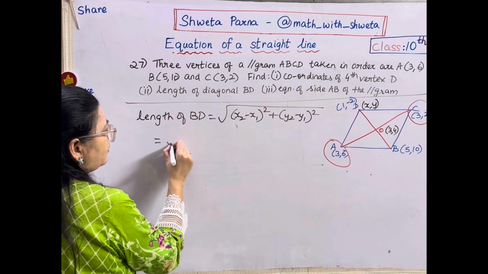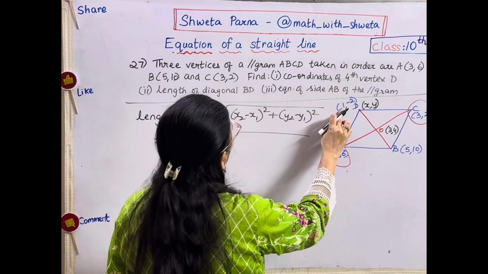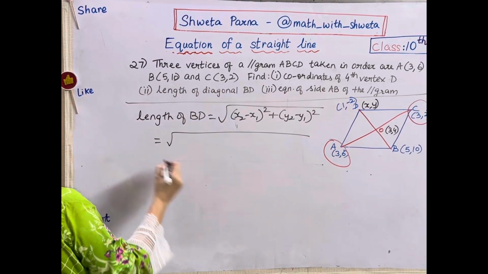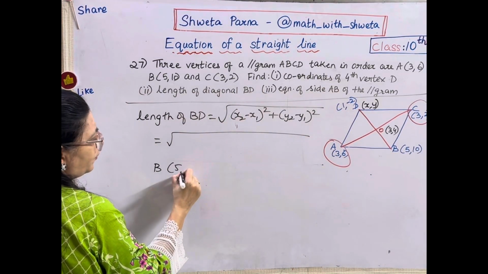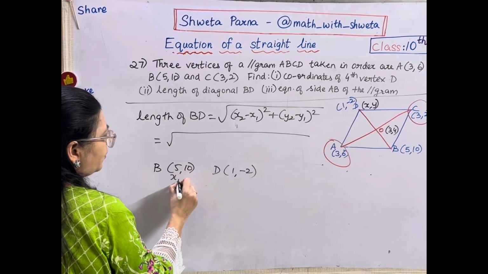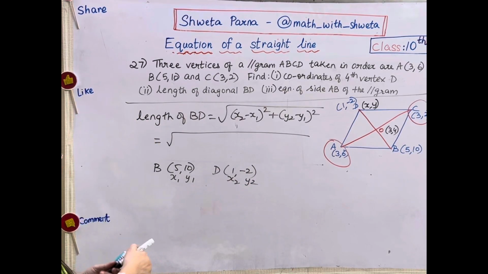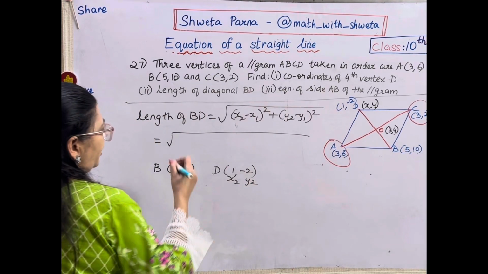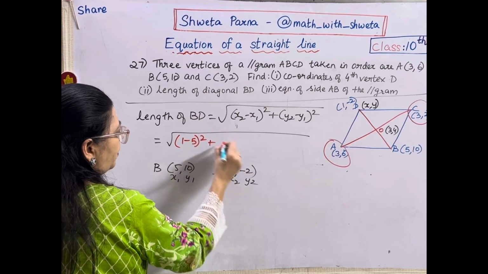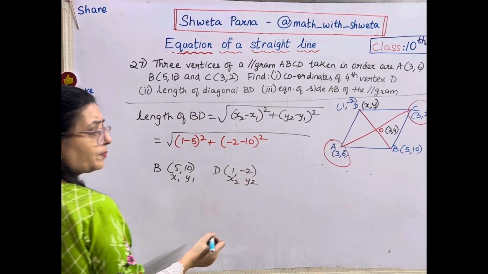So using this, now for BD, B is 5, 10 and D is 1, minus 2. These are x1, y1, x2, y2. So it is square root of 1 minus 5 the whole square plus minus 2 minus 10 the whole square.